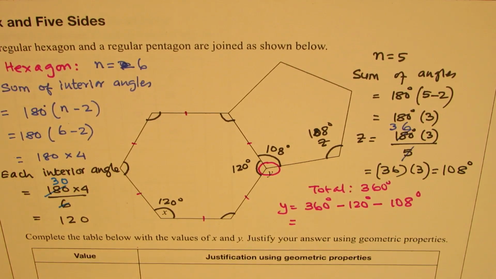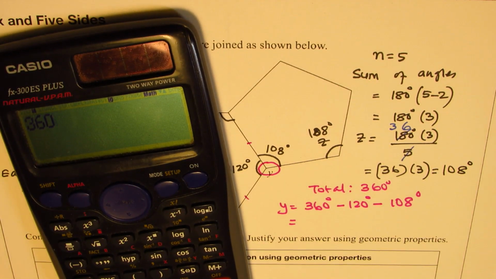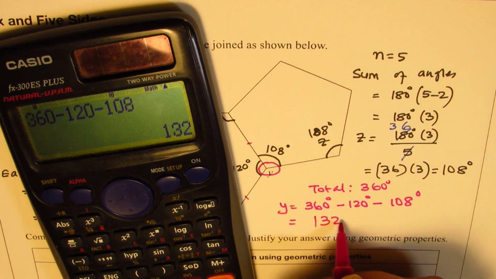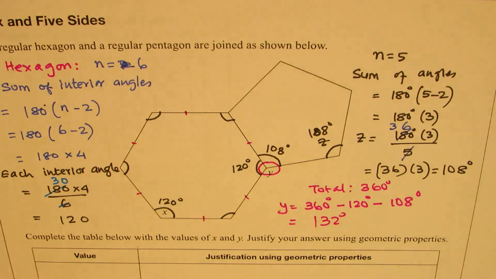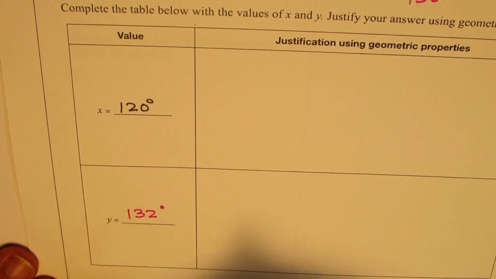So that is how we are going to answer this question. You're allowed a calculator, but I prefer to do without calculators. And then we'll write down our answer, which is 132 degrees, correct? So the value of y is 132 degrees.